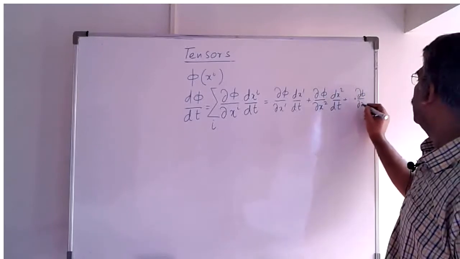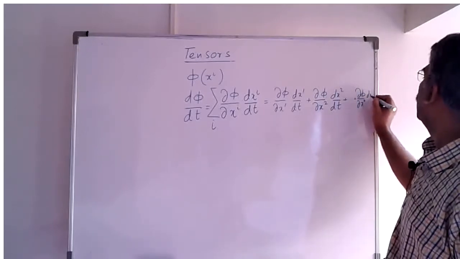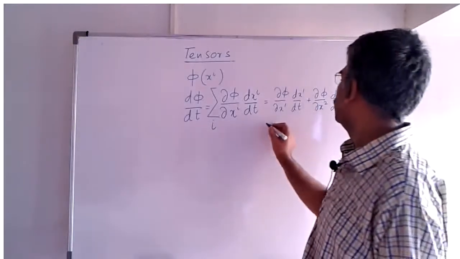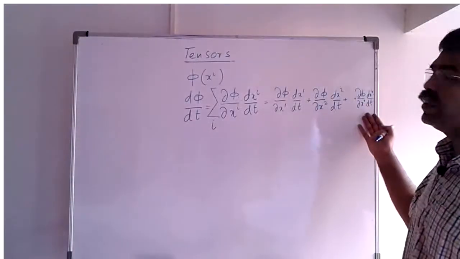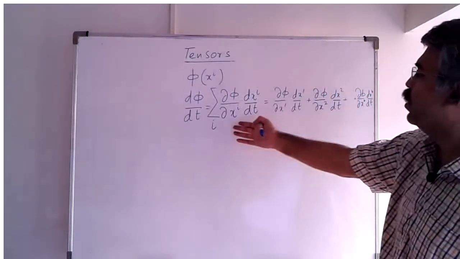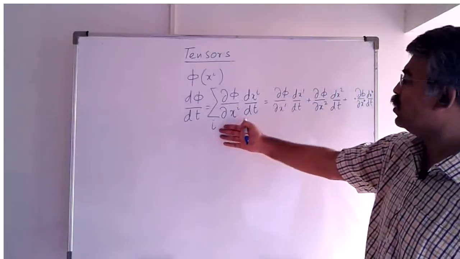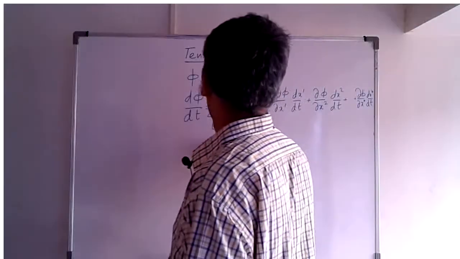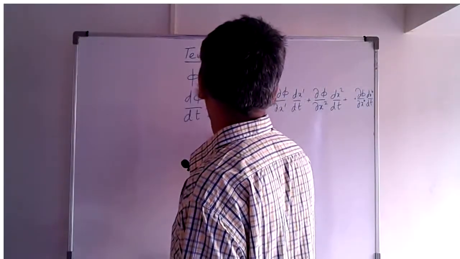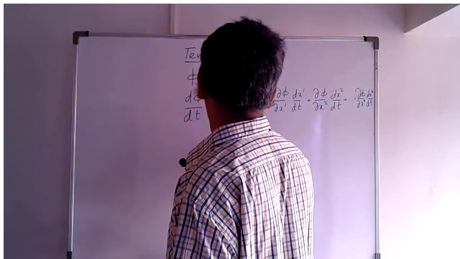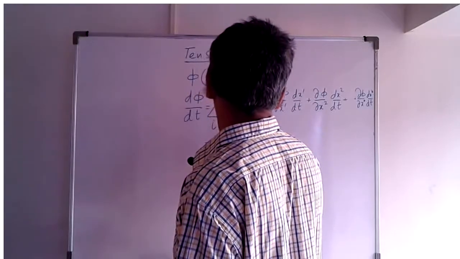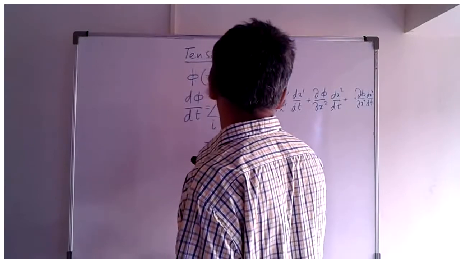Del phi del xn dxn dt. It is actually like this, right? So you can represent it like this, and naturally this sum will not be there. So in short you can write it like this: del phi del xi dxi dt.